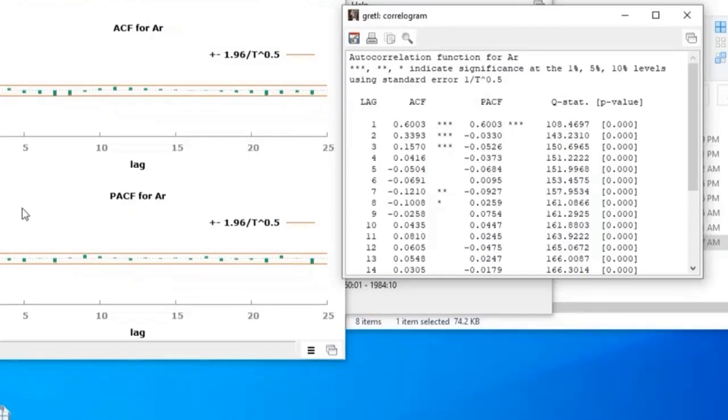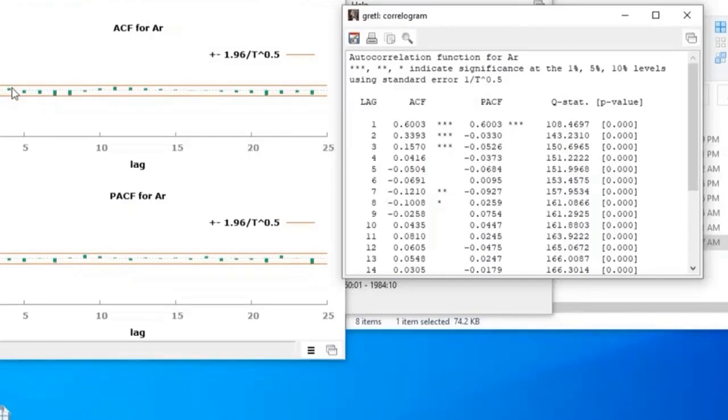If they are fast decaying, then we have a stationary variable. If they are not fast decaying, then we have a non-stationary variable. So we have these two cases whenever we have significant spikes. It may be either a stationary one like this one, or a non-stationary one in another case. That I shall show you.